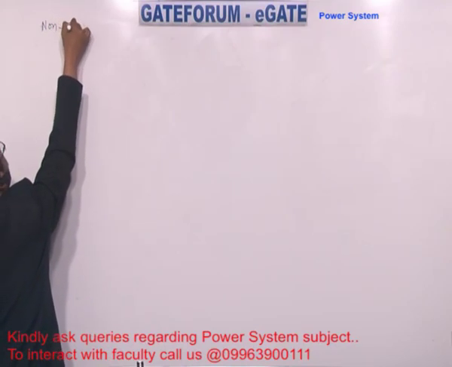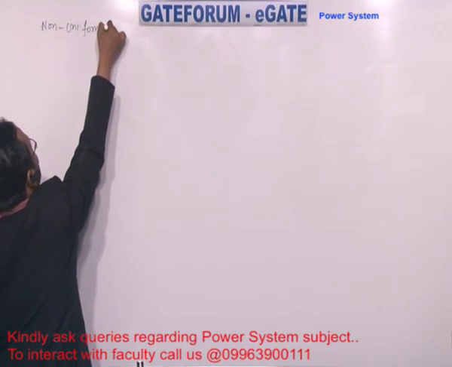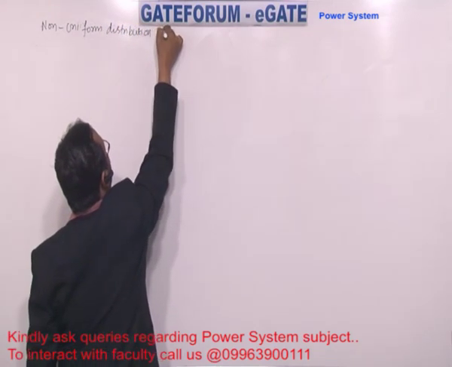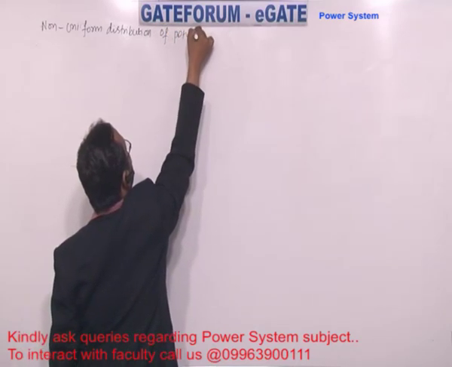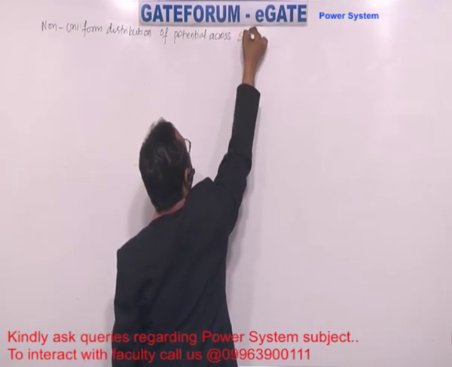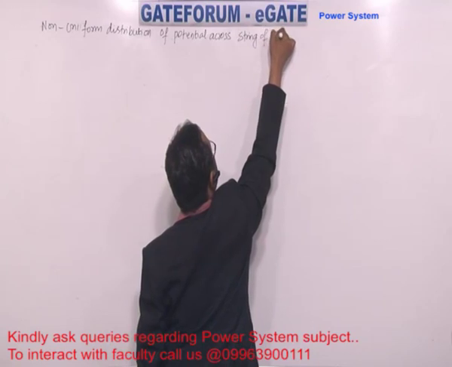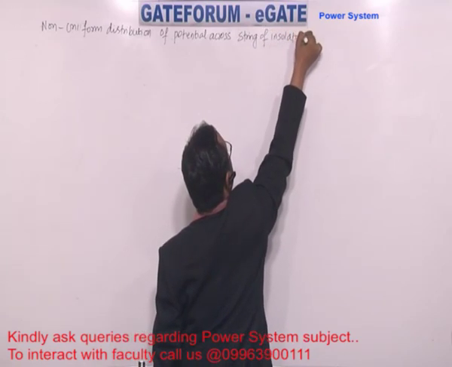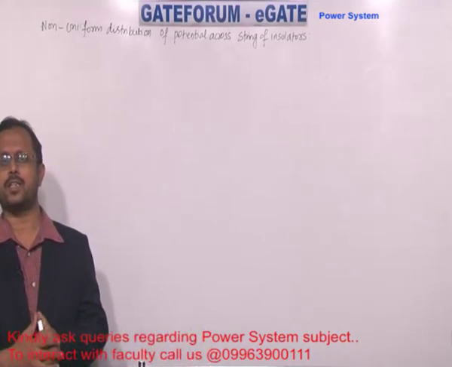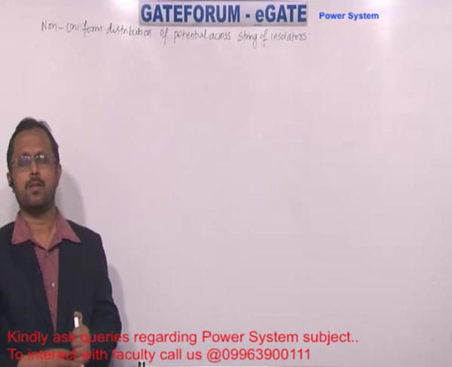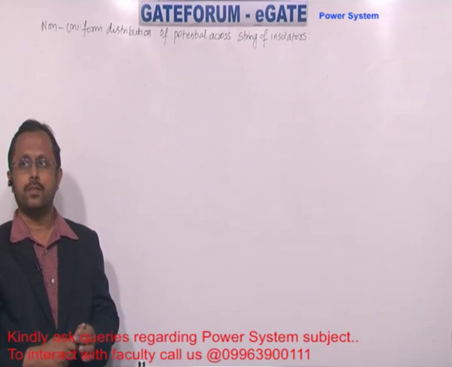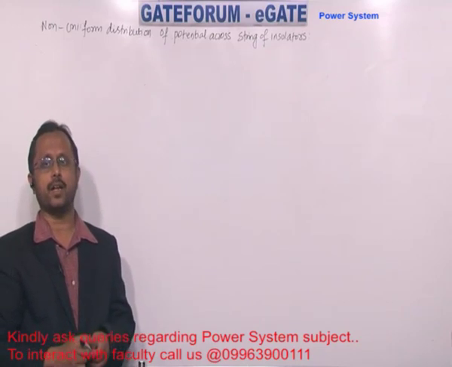So now we check the non-uniform distribution of potential across the string of insulators. Earlier we have represented an insulator.